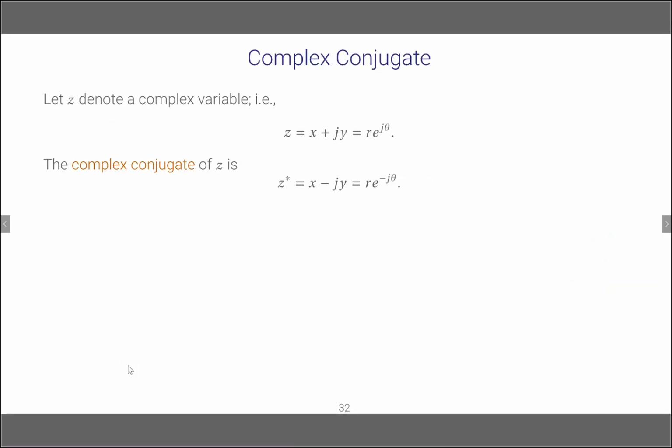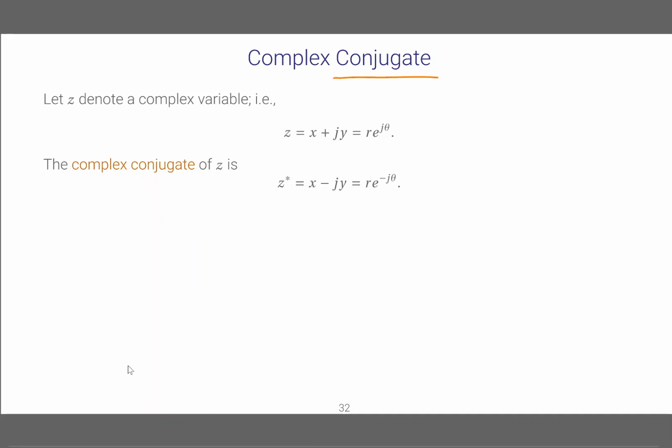Okay, then the complex conjugate. Let z denote the complex variable, that is z equals x plus jy, and in polar notation r e to the power of j theta. The complex conjugate is z star, or asterisk. This is the asterisk symbol.